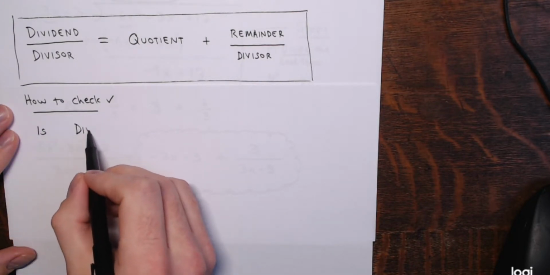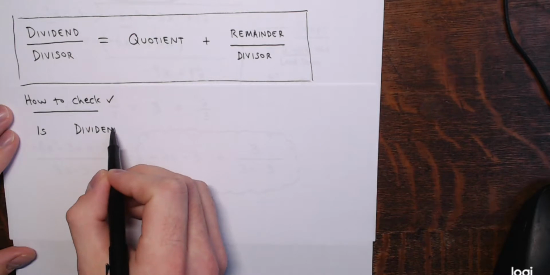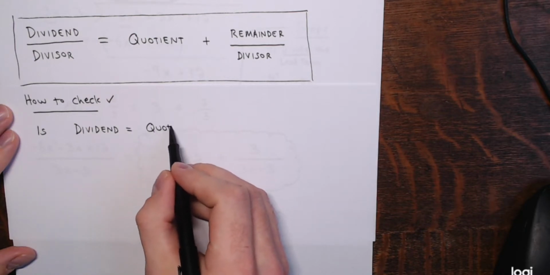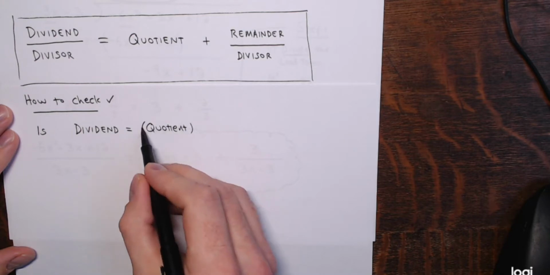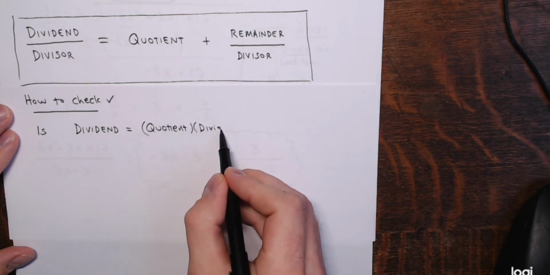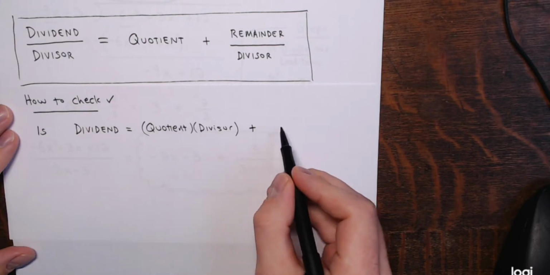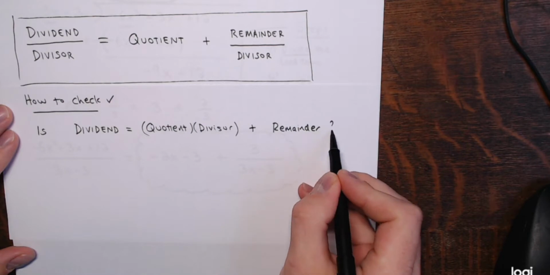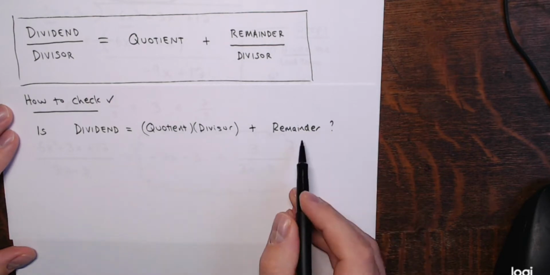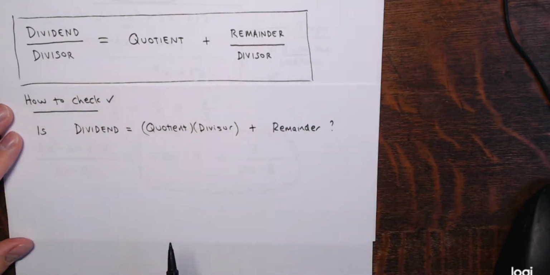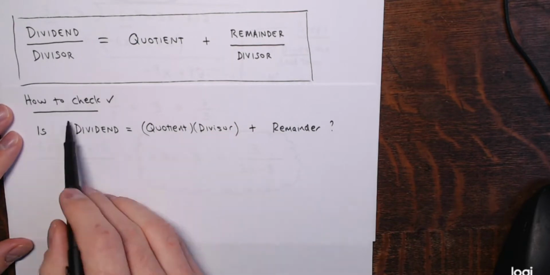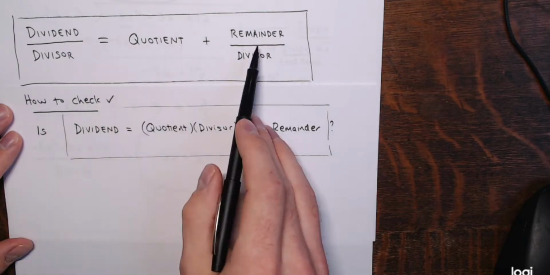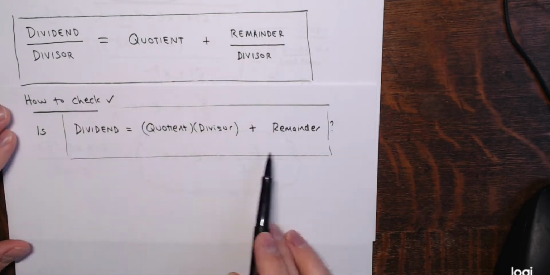Is the dividend equal to the quotient multiplied by the divisor plus the remainder? If this is true, then this will be true as well, because this statement is exactly the same equation, but you just multiplied everything by the divisor.